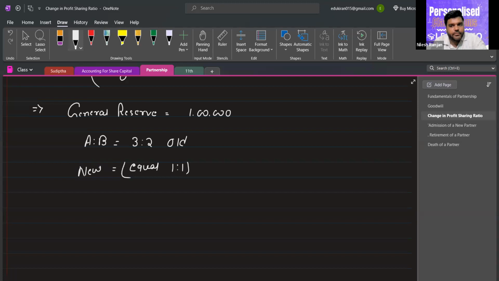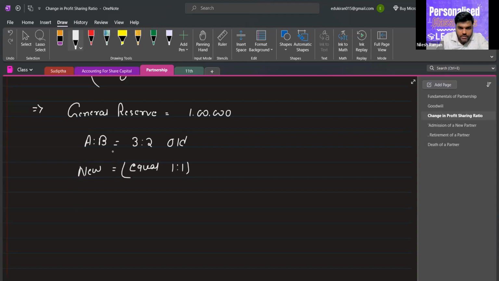Now, general reserve should be distributed in which ratio: new, old, or gaining sacrifice? In the new ratio.